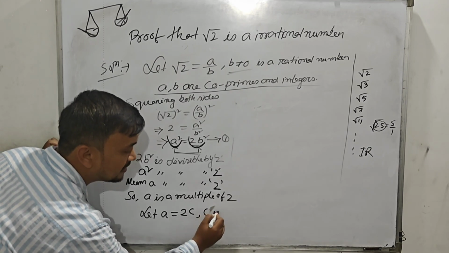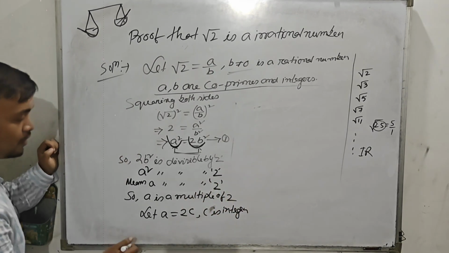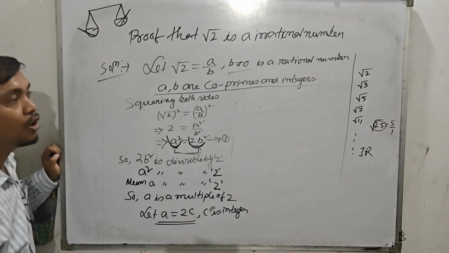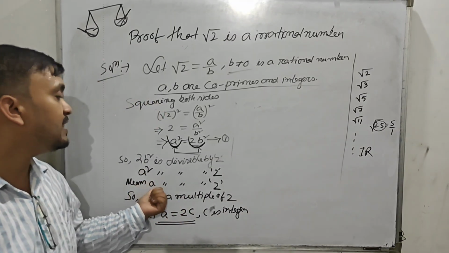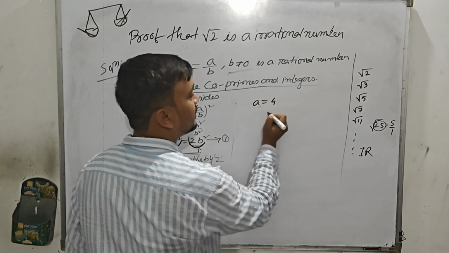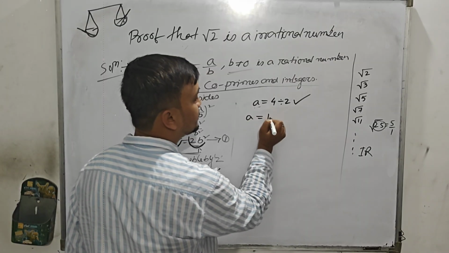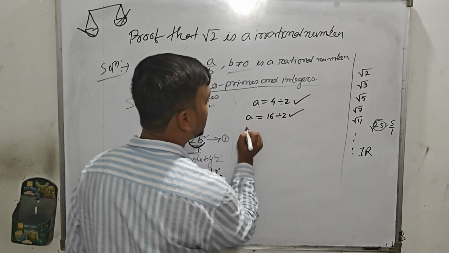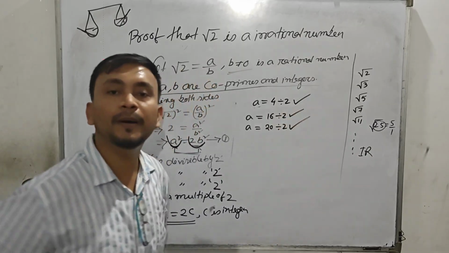Fine. Now I will write, let this a is equal to twice c, where c is an integer. Why have I written this relation? Already I have told you that a is a multiple of 2. a is divisible by 2. If I take a equal to 4, it is divisible by 2. If I take a equal to 16, it is divisible by 2. If I take a equal to 20, it is divisible by 2.